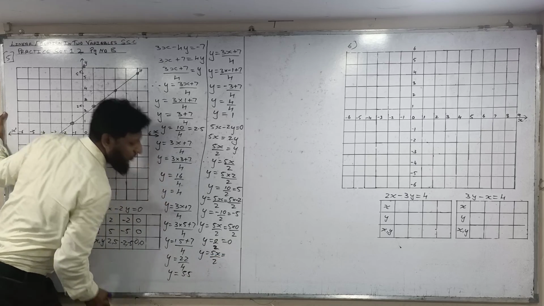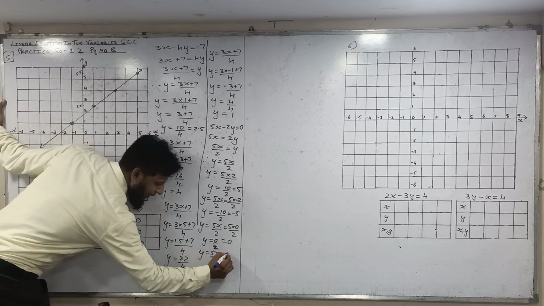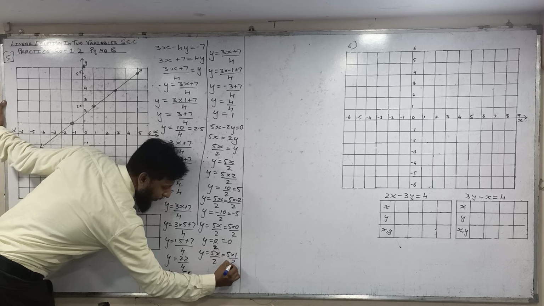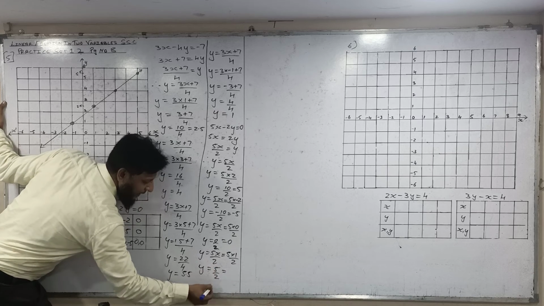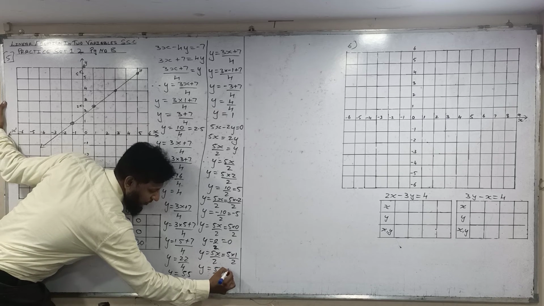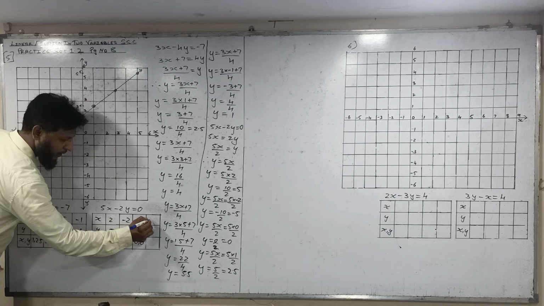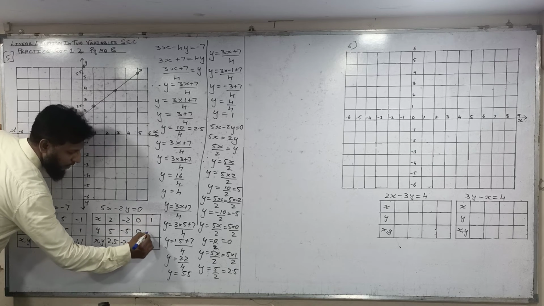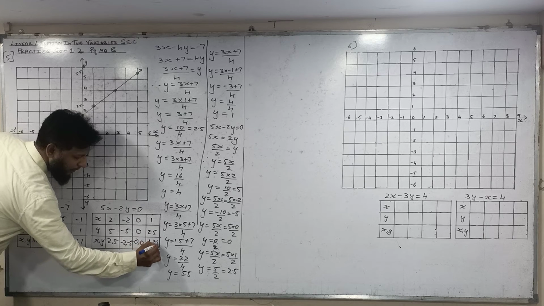Now take the value. You can take 1 also. 5 into 1 upon 2. Y is equal to 5 1s are 5 upon 2. 5 divided by 2. 2 2s are 4. That means 2.5. So when I am taking x value 1, I get the value y 2.5. One decimal is okay. 1 and 2.5.